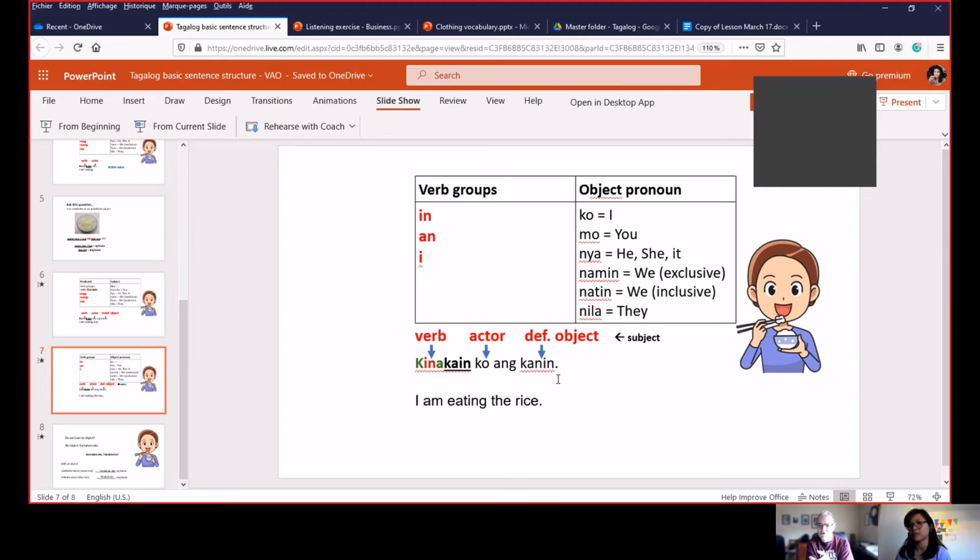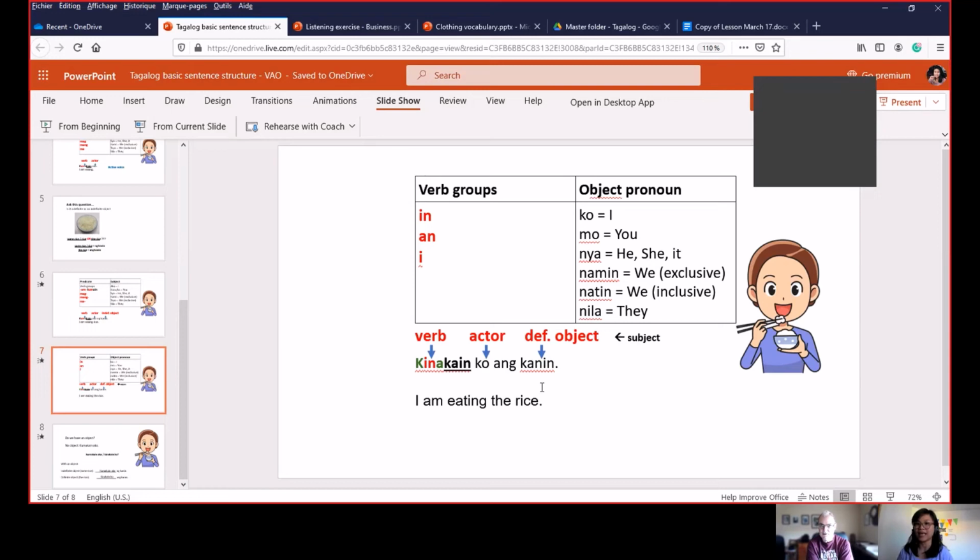That's as opposed to kumakain ako. Ako would be the subject. That's why kumakain ako is a complete sentence. If you want the passive voice of this one, it looks like this: ang kanin ay kinakain ko.